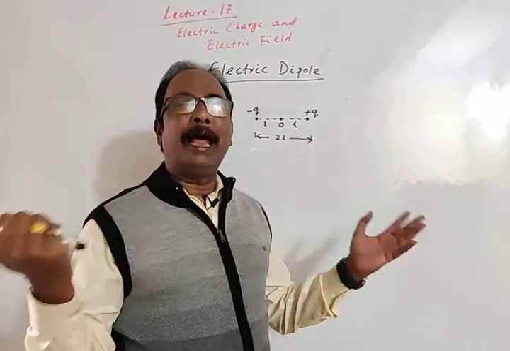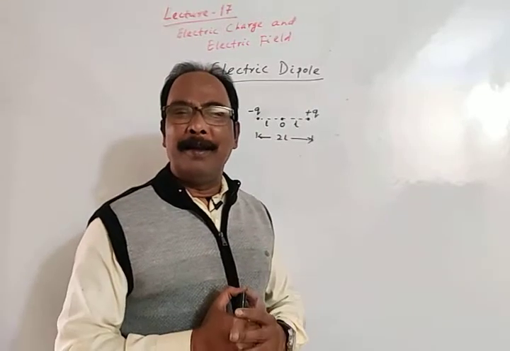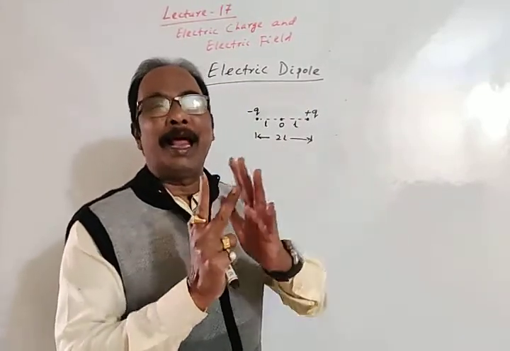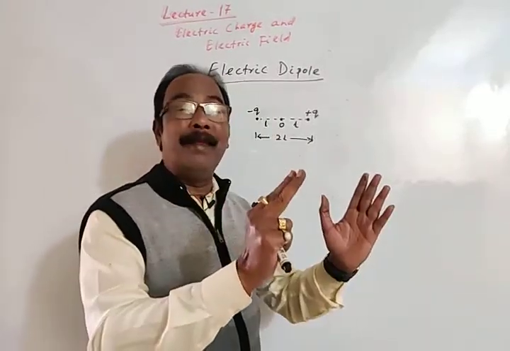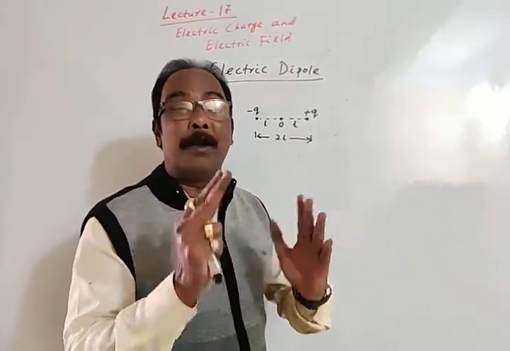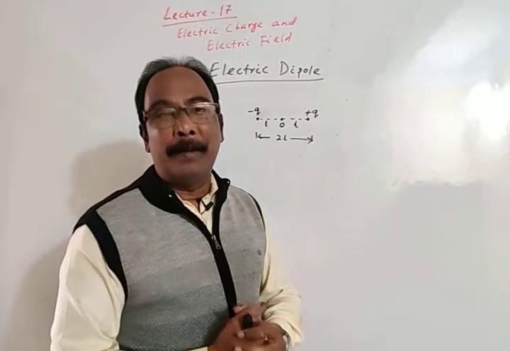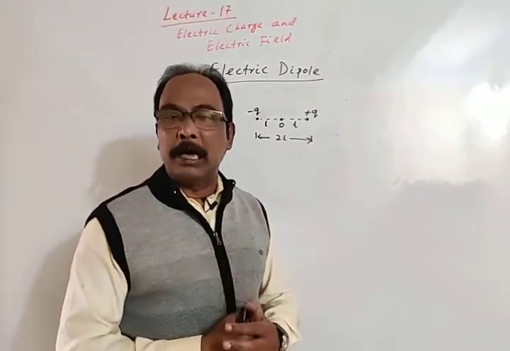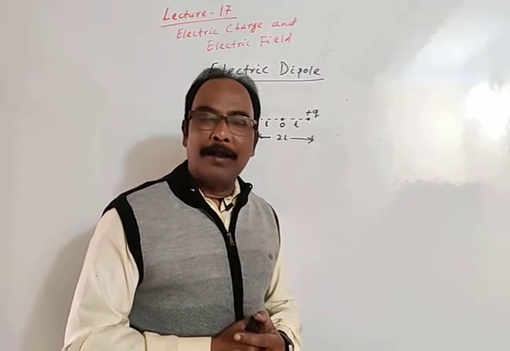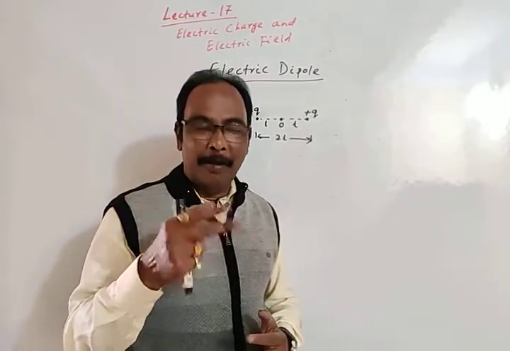Also, when an electric dipole is left in a uniform or non-uniform electric field, it will experience force and it may experience torque. We will study all these things in coming lectures.